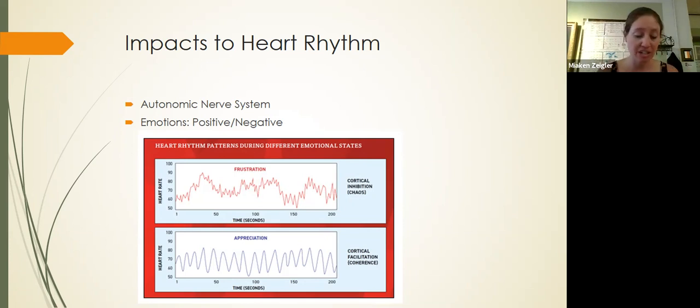And so when we experience negative emotions, that increases a level of incoherence, and not only impacts how we perceive the world and how our brain processes things, but it impacts this heart piece and how we emotionally respond to our world. And so I like to think about this in terms of this last year, year and a half, when we've been in lockdown and we are scared to be in our environment, we're scared to be around other people.